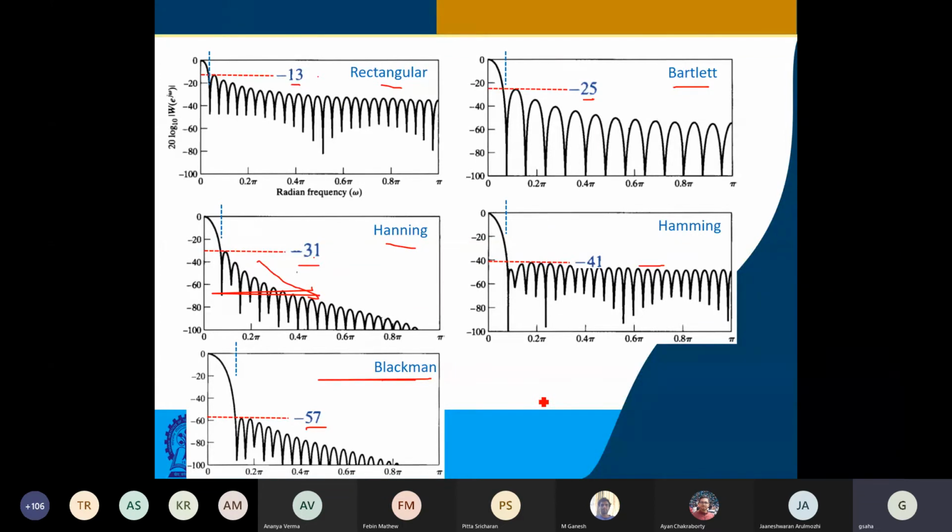What else you observe here? Anything else you observe here other than what I've just mentioned? Sir, in case of Hamming window, the first side lobe is much lower than the other side lobes.